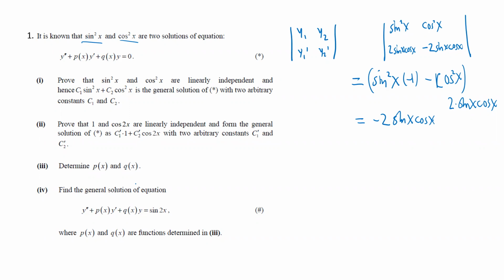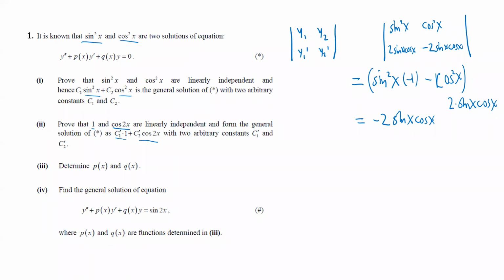It asks that instead of saying the general solution is a linear combination of sine square x and cosine square x, whether we can treat 1 and cosine 2x as the two solutions, and say that this linear combination of 1 and cosine 2x is the general solution of the equation.